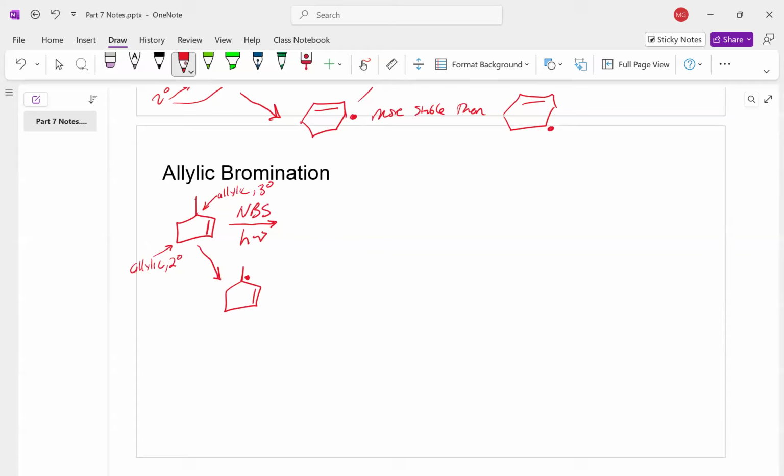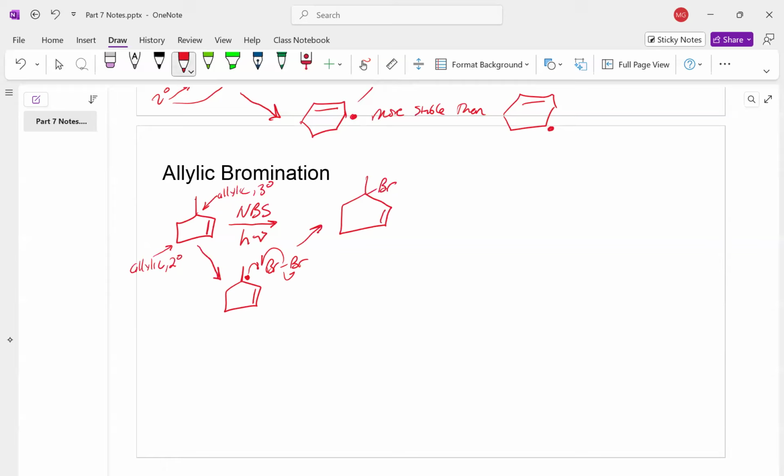Then let's imagine that it reacts with Br2, and we get our intended product. That's what we would predict on paper.